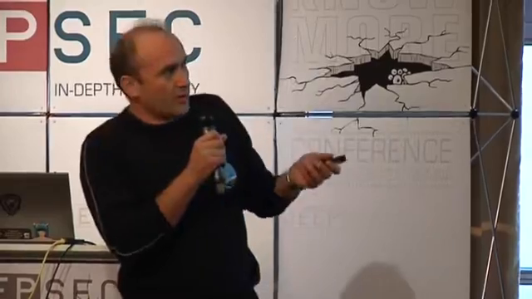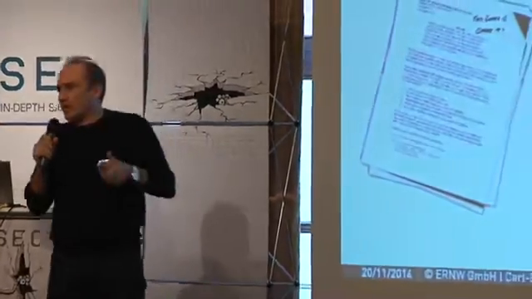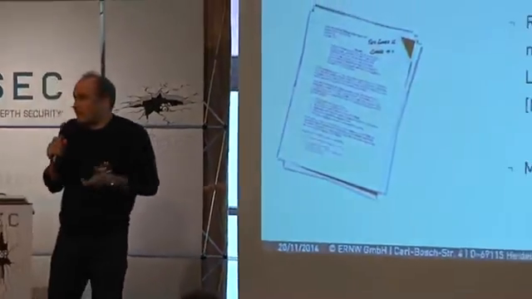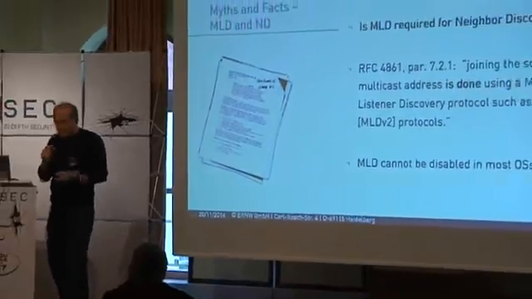The point is that, as we saw in the RFC, it is written that joining the solicited node multicast address is done using MLD. The solicited node multicast address is used by the ND process, this core functionality of IPv6. So it is implied that in order to operate IPv6, you need MLD.